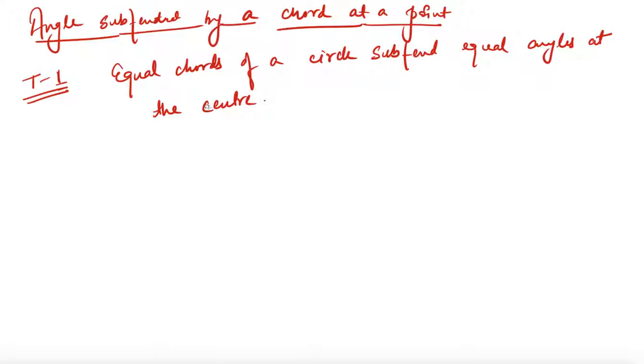Right. The first theorem says that the equal chords of a circle subtend equal angles at the center.